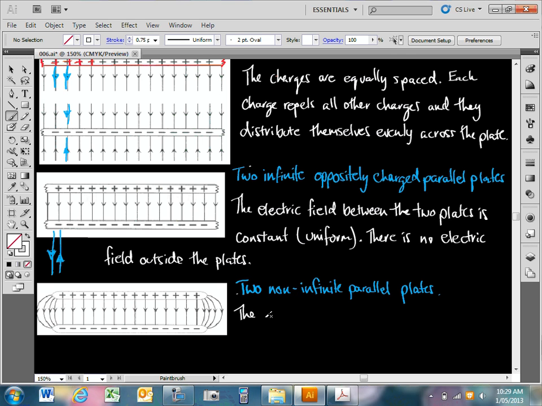The field inside, between the plates, is uniform, but at the ends, the field is not uniform.